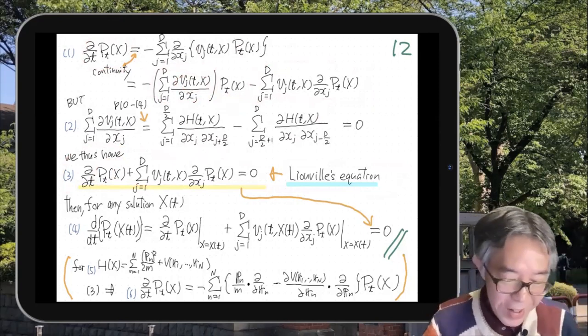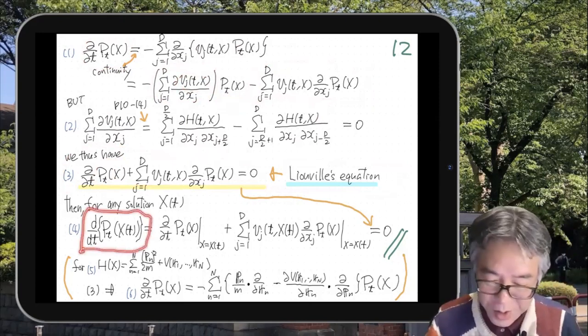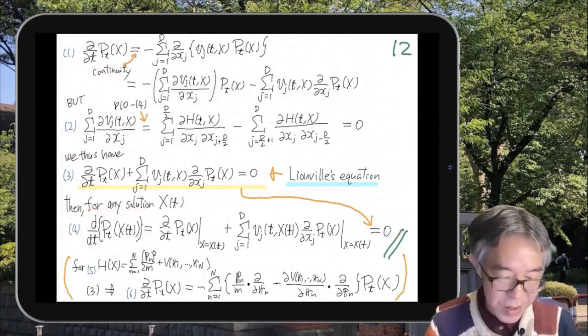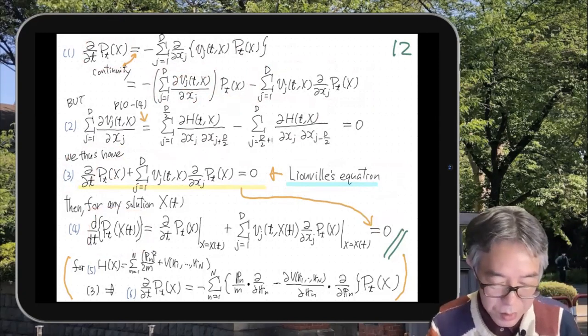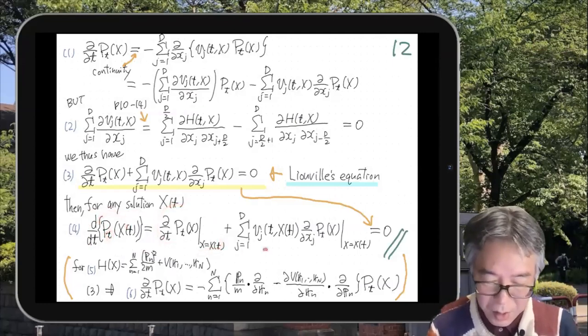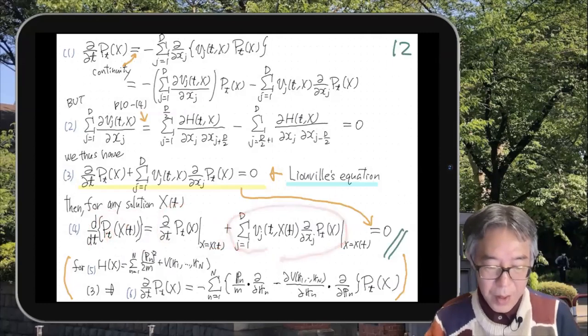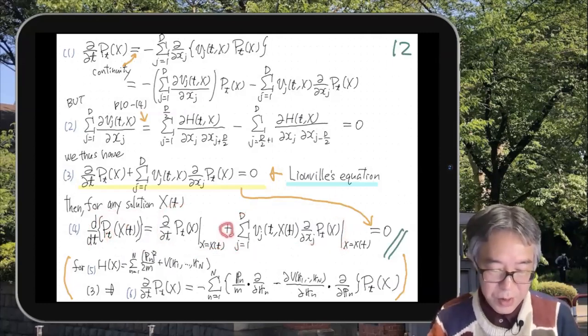What's our goal? Our goal was to show that this is 0. But this is very, very easy now. So you are interested in this, and this consists of two parts. If you differentiate this, you get this. And if you differentiate this, you get this. And you compare, this is no mistake, this is plus.